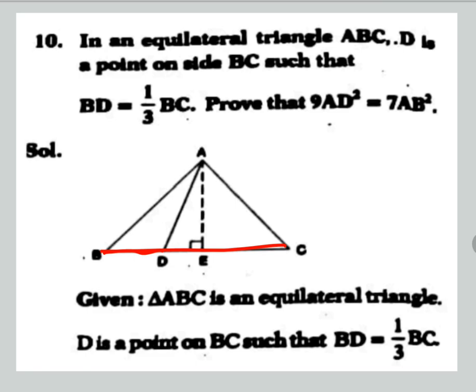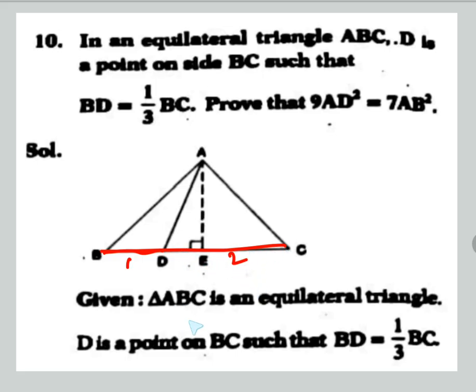So that means BC equal to, this is 1, this is 2. DC equal to 2. BD is 1 by 3rd. That means CD is 2 by 3rd.